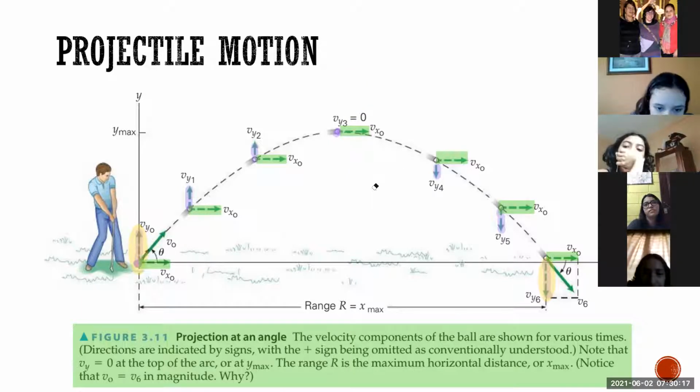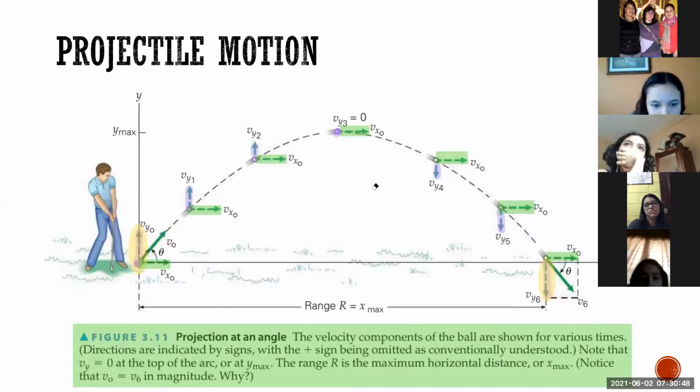So remember the path that the objects follow. Vertically, initially it begins with a really high speed. The final velocity is going to be the same as the initial velocity, but as long as the object is going up, the velocity in y is being reduced because of gravity, and then after it passes the middle point, which is the highest point in the parabola, the velocity in y becomes negative because it's coming down.